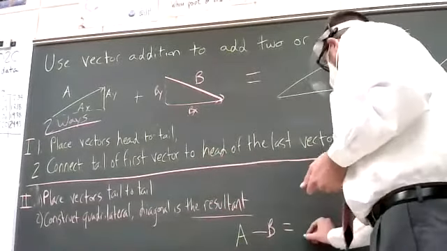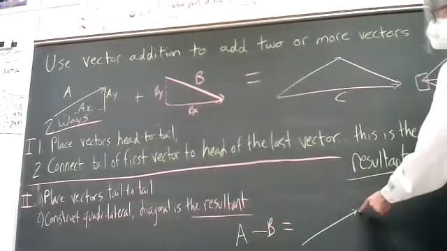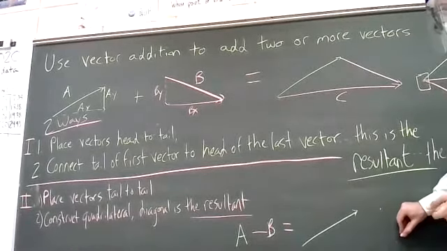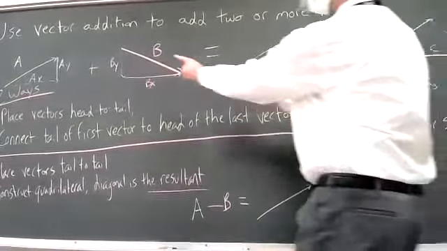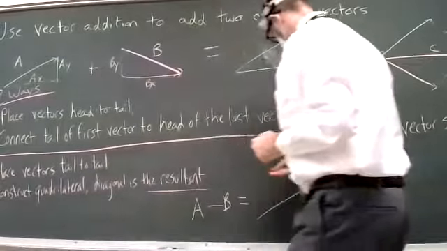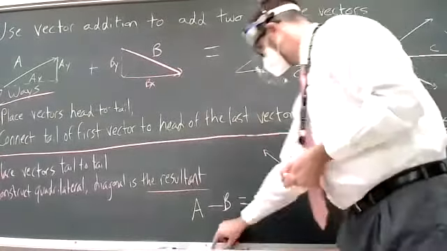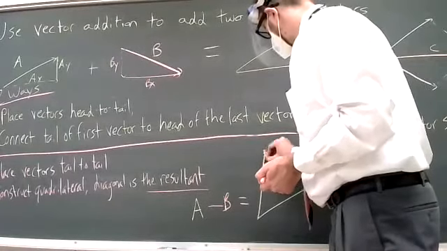We'd have our vector A, and we'd still put vector B head to tail with it, but instead of writing B, we draw negative B, okay? So here you can see if this is B, the negative B would just go the opposite way, all right? So we put it head to tail, but it would go this way. And now the difference between A and B is this result, right?